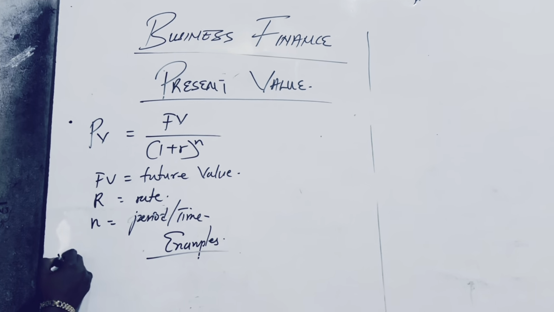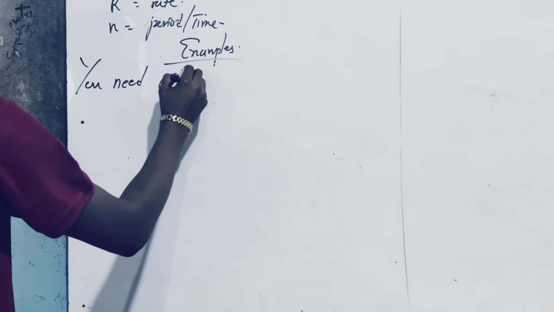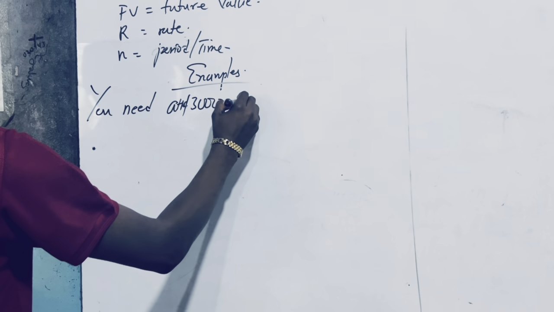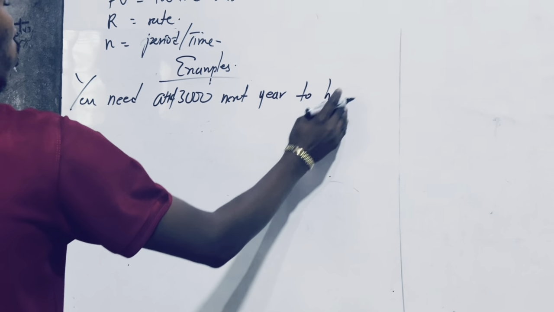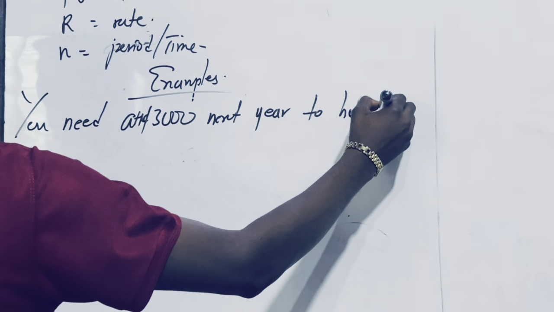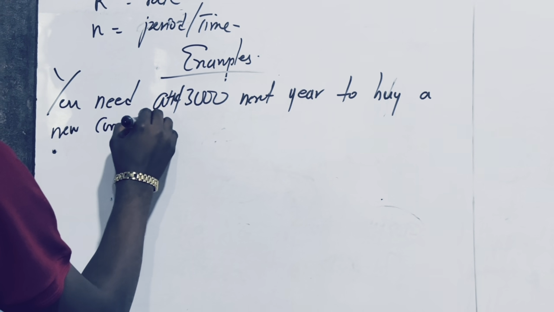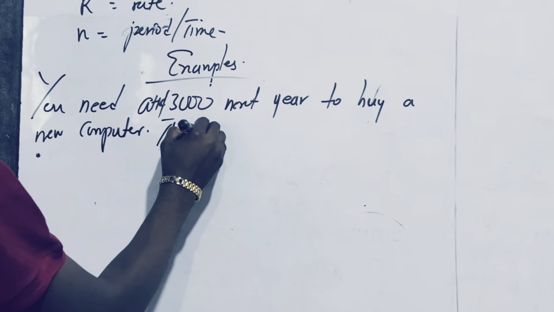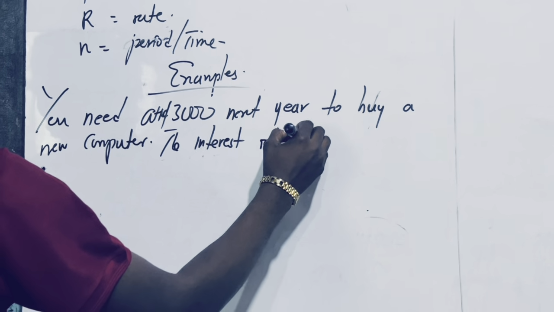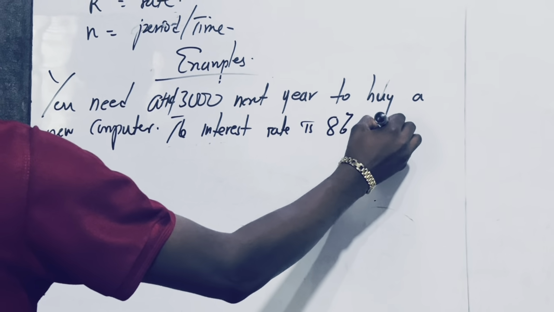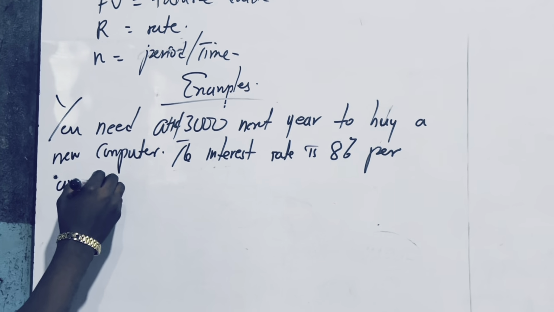Let's say we have this. You need 3,000 next year to buy a new computer. The interest rate is 8% per annum. That is yearly.